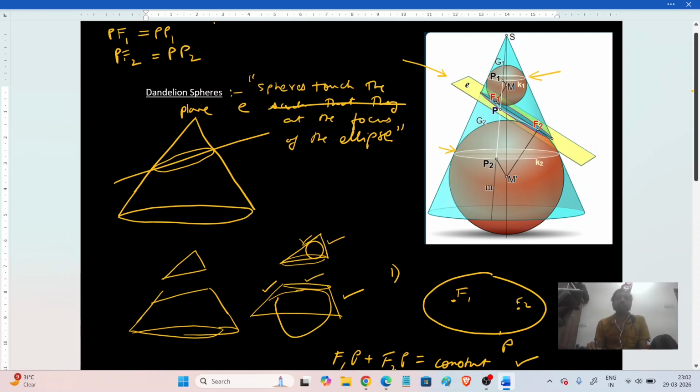Now if I add these two equations, then I get Pf1 plus Pf2 equals PP1 plus PP2, and PP1 plus PP2 is P1P2, which is independent of P. It does not depend on P, and hence it can be said that it is a constant.